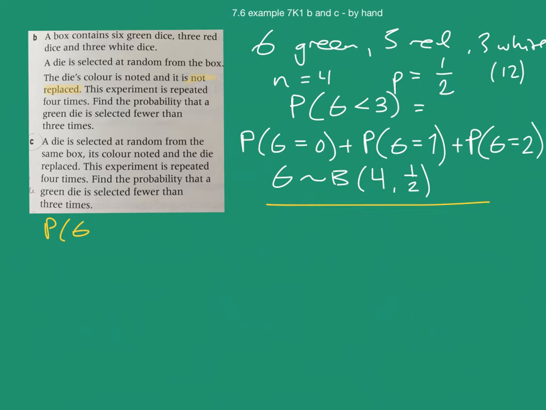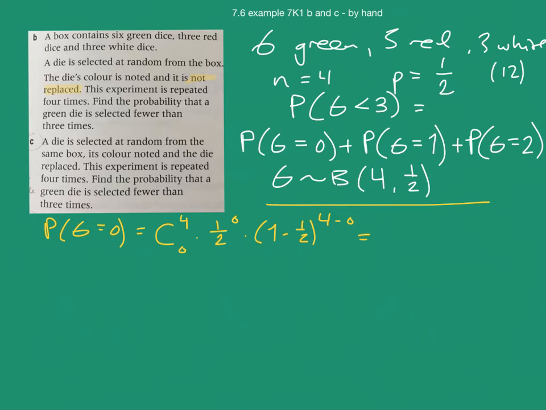Probability that picking out a green die is 0 is going to be, well, we have this C, right? We're doing this 4 times and we're looking for 0 green dice. It's going to be the probability to the power of 0 multiplied with 1 minus 1/2 to the power of 4 minus 0.